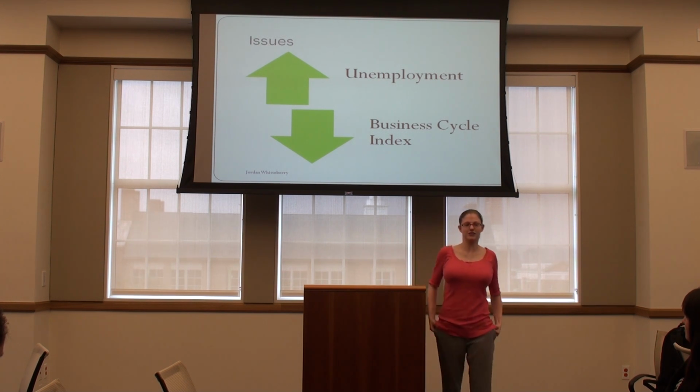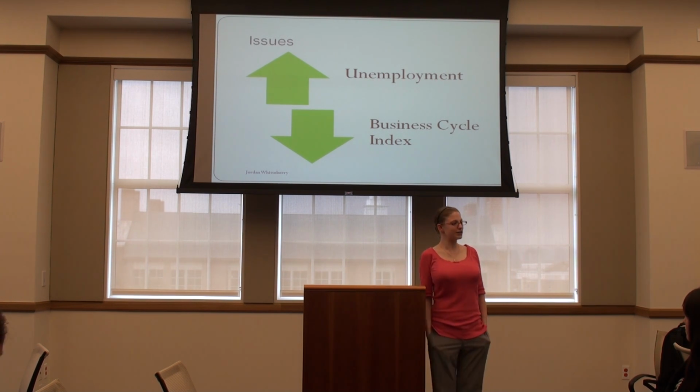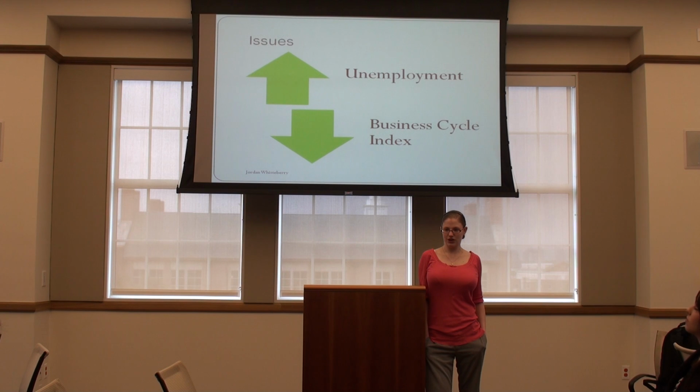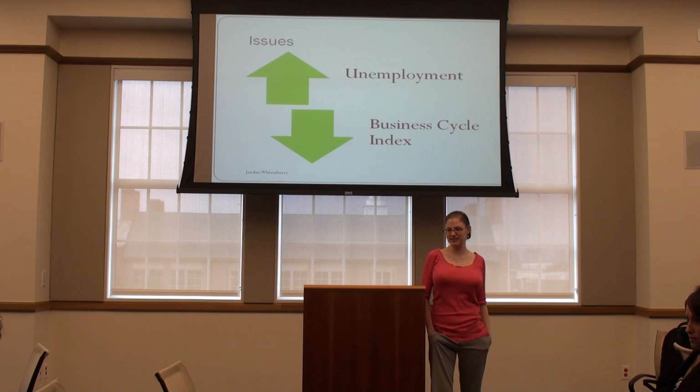Okay, so the issues that I came up with: unemployment and the business cycle index sometimes work against each other, because it doesn't track perfectly and because of the way that the model is set up. If they're both going in the same direction, then it's weird.